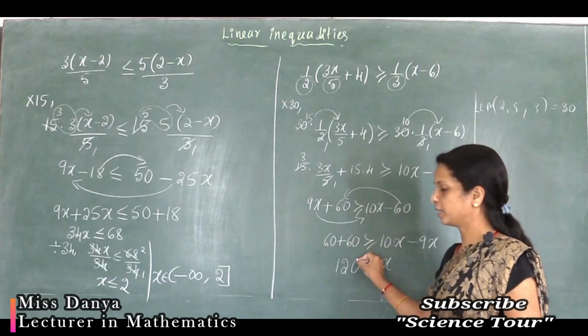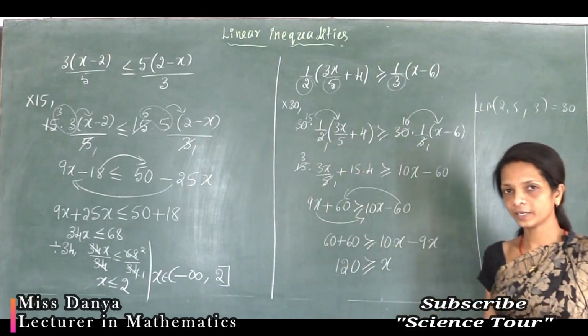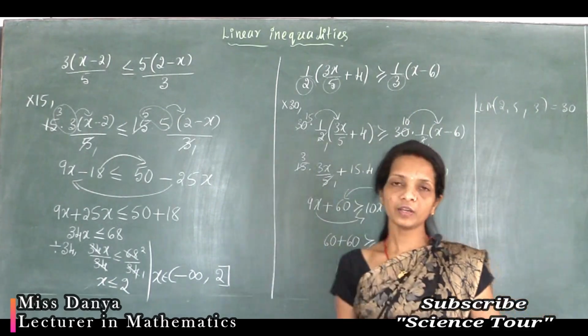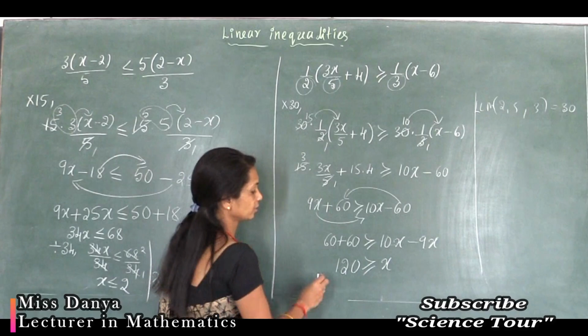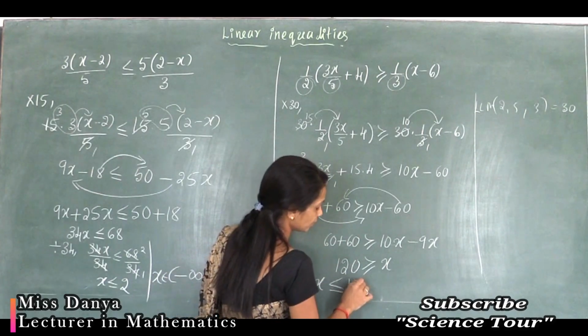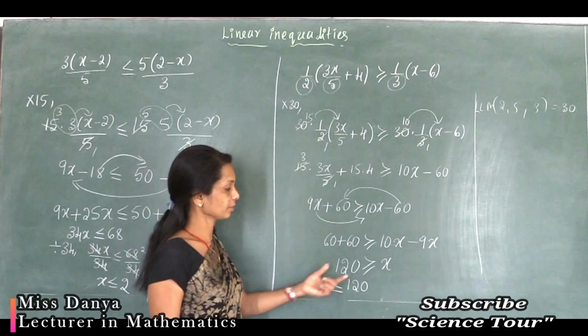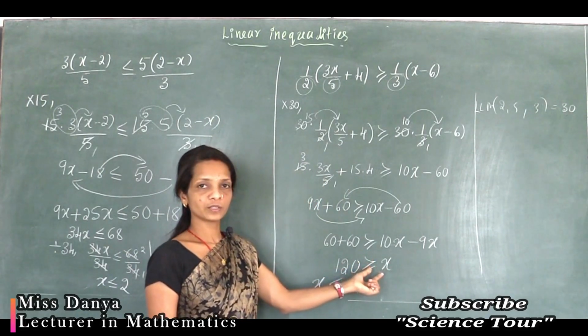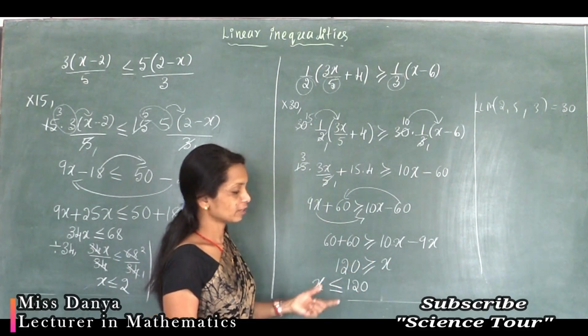I'll write this inequality another way: 120 is greater than or equal to x. If you write this inequality the other way, you have x less than or equal to 120. The x side is the smaller side of the symbol. So now x is less than or equal to 120.